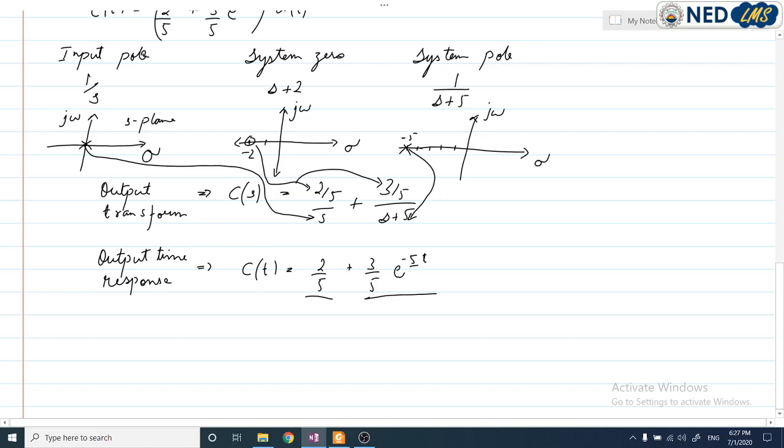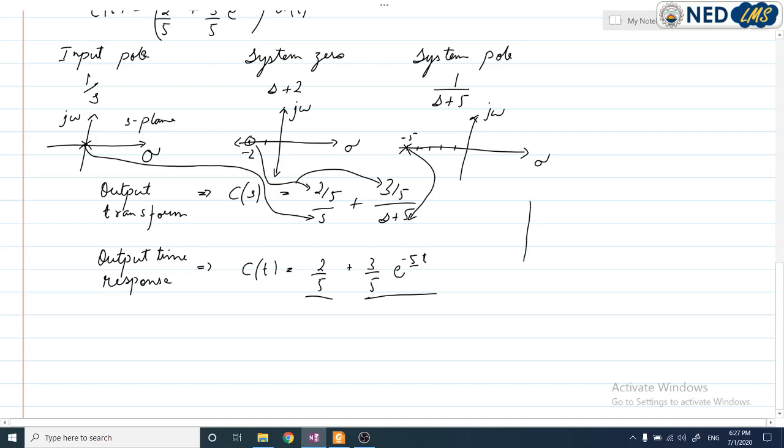So after some time, this whole term becomes 0. When this whole term becomes 0, only this 2/5 term, which comes out from our input, will exist, and this value becomes 0.